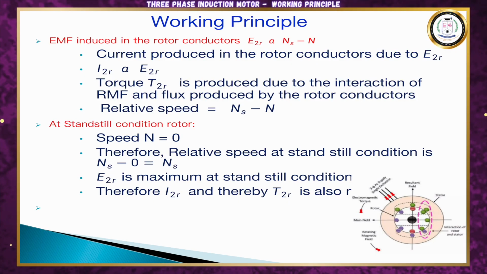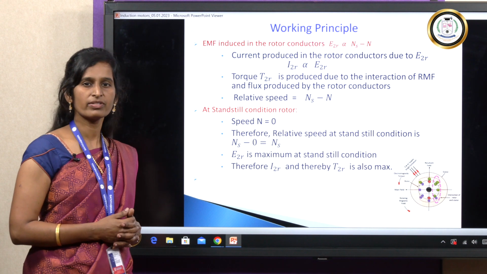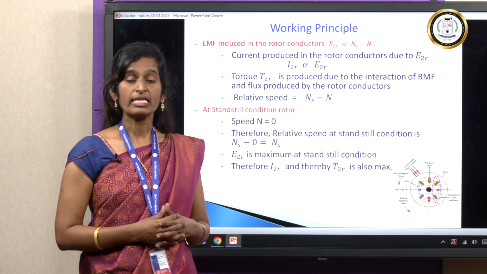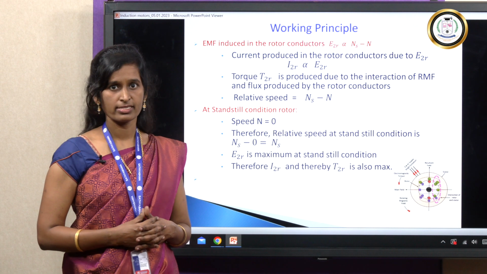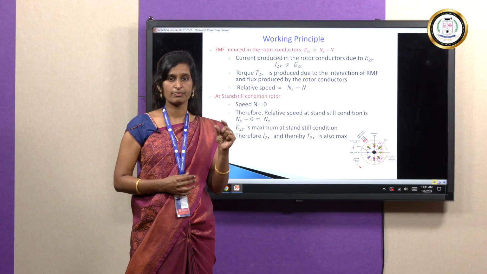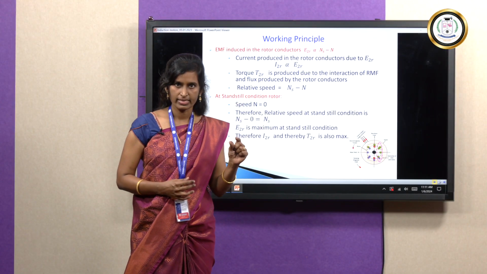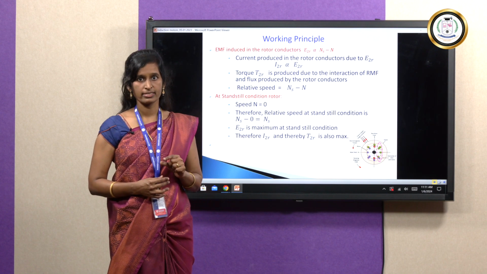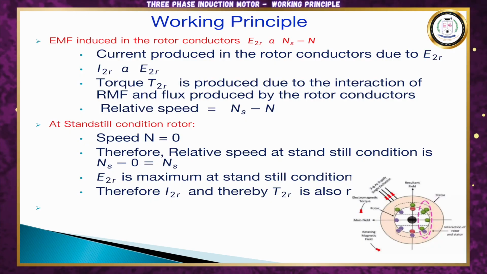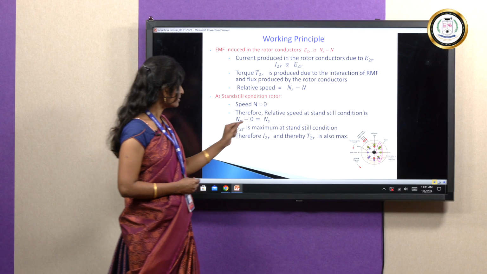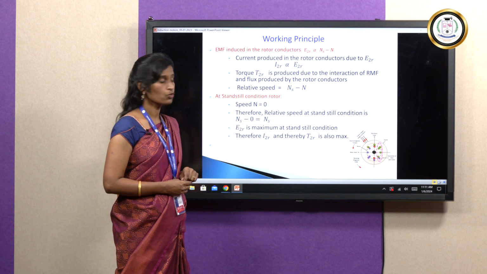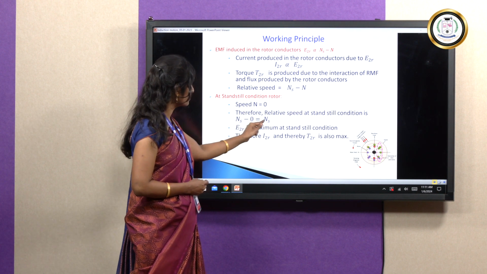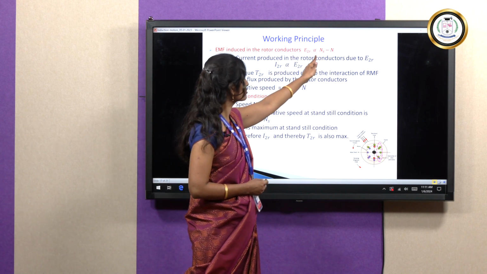Next, we are going to analyze the induction motor at standstill condition as well as the running condition. At standstill condition, the speed of the induction motor is 0. The EMF induced on the rotor conductors is directly proportional to the difference between the rotating magnetic field speed and the rotor speed, that is Ns minus N. E2R is directly proportional to Ns minus N. N is 0 at standstill, so Ns minus 0 is Ns, and E2R is proportional to Ns.